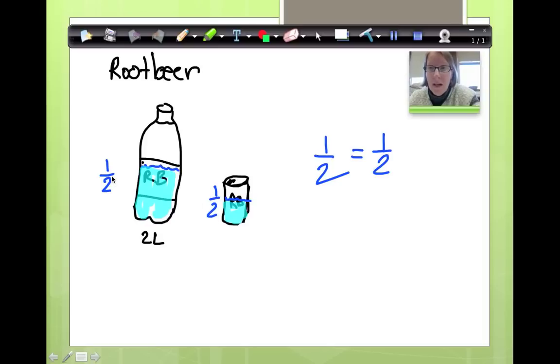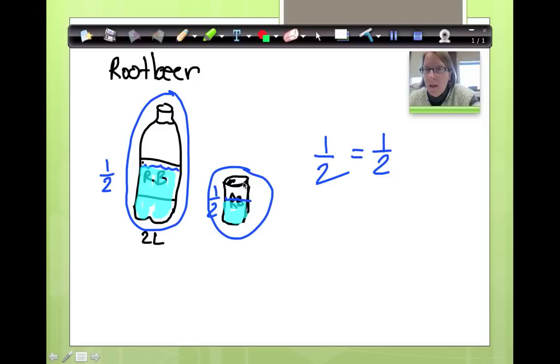It depends on the size, the entire size of the object or the item that's divided. Because the 2-liter bottle is so much bigger than the can of soda, 1/2 of a 2-liter is considerably larger than 1/2 of a can of soda, isn't it?